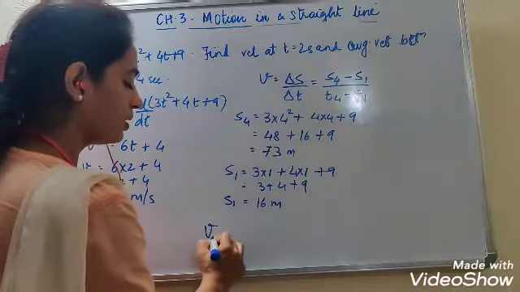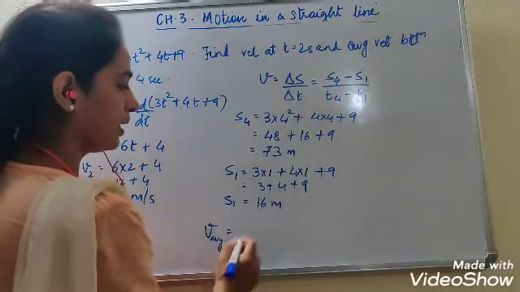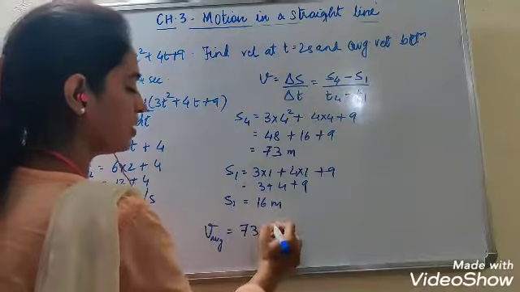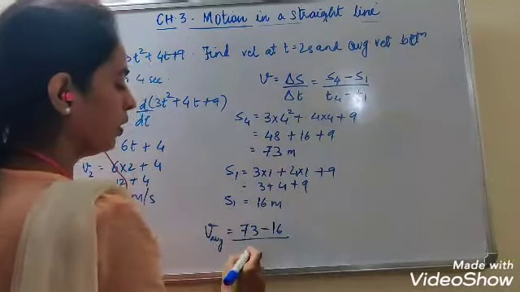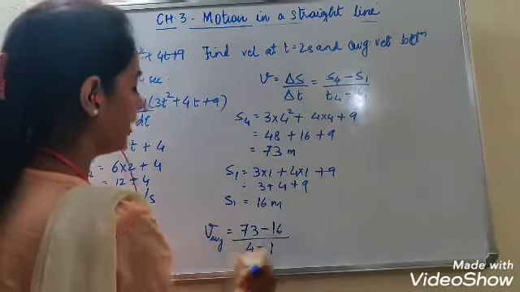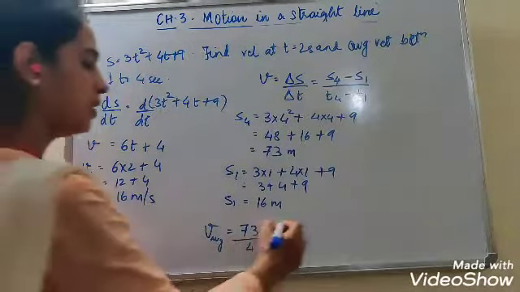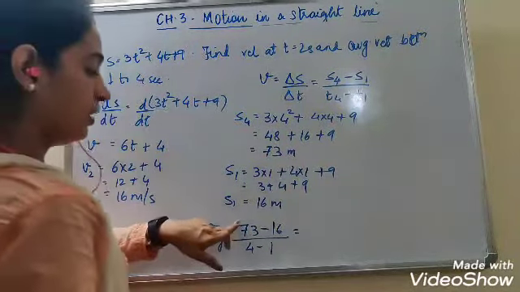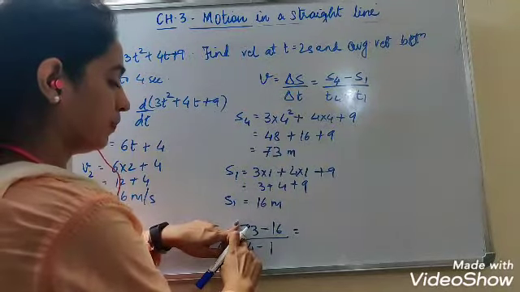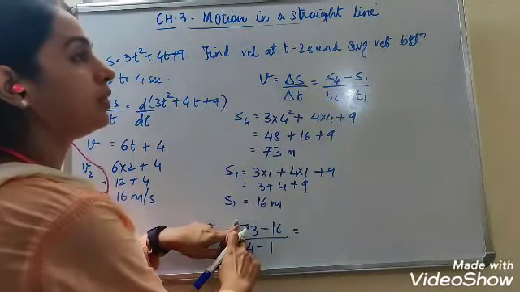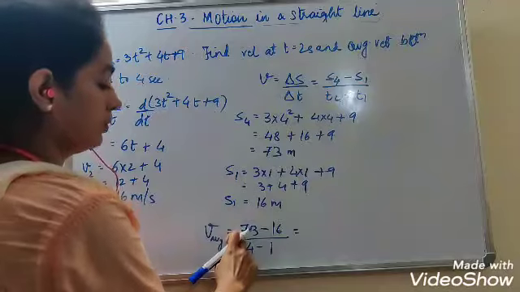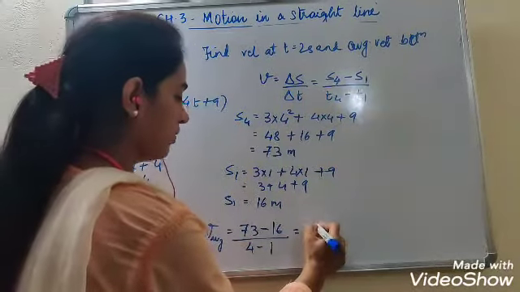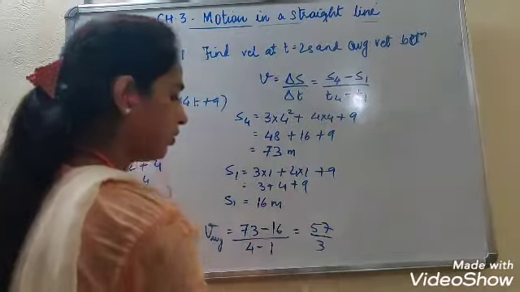So average velocity between 4 and 1 seconds is S4 minus S1, that is 73 minus 16, upon t4 minus t1, that is 4 minus 1. So that will be equal to 73 minus 16 is 57, upon 3.